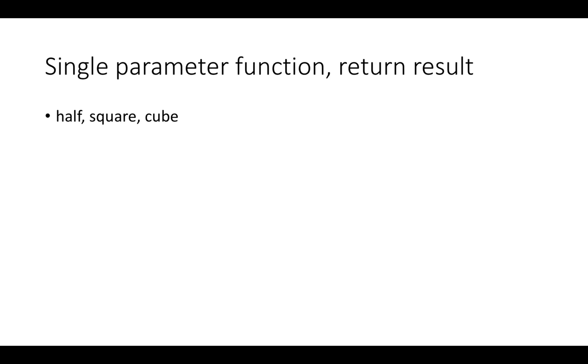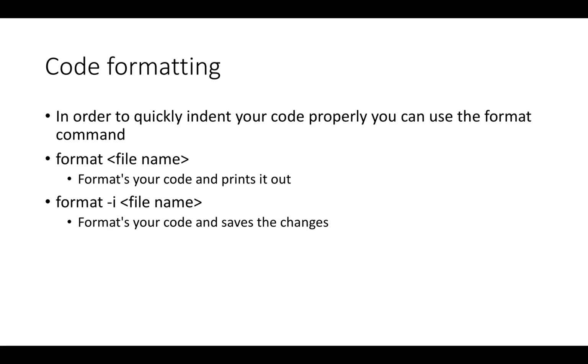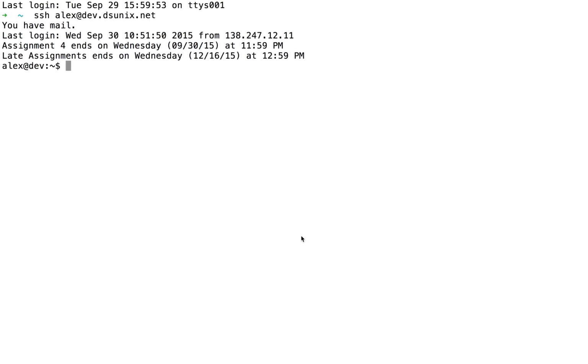It'll print out whether the left is greater than, equal to, or less than the right one. The single parameter functions return a result: half, square, and cube. And then no parameters, no return. These are our void functions, and inside them we just say hello or goodbye. I'm just going to go through real quick and write one of these functions a piece just so we are all on the same page.